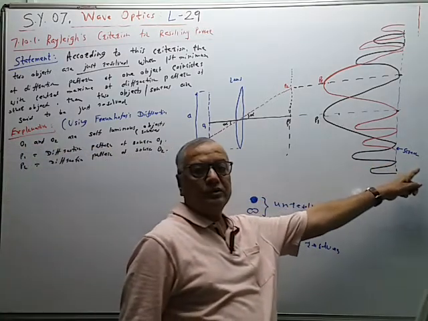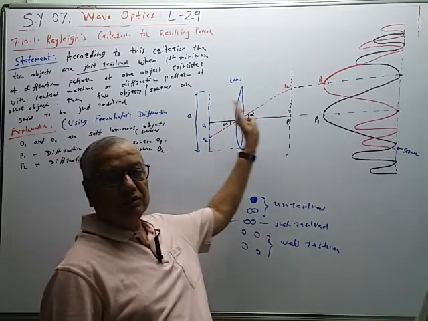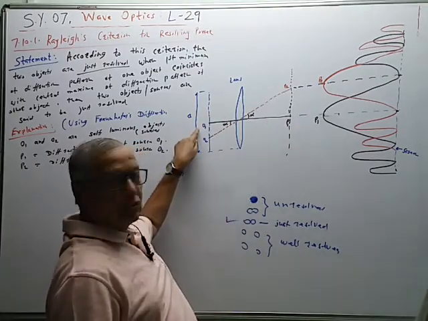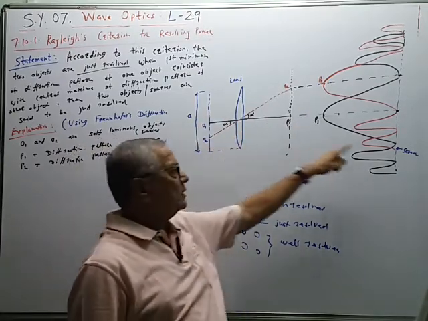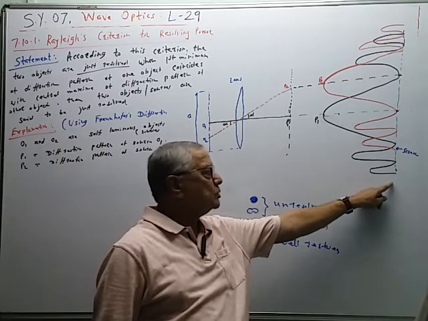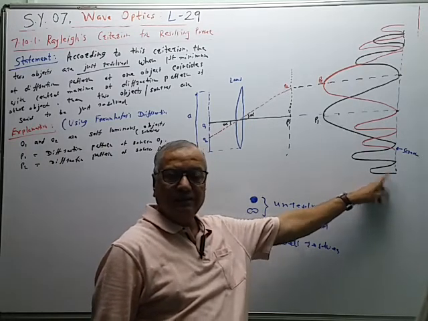This is the arrangement of Fraunhofer diffraction: source, lens, and to observe the intensity distribution we are using the screen. This is the basic arrangement.